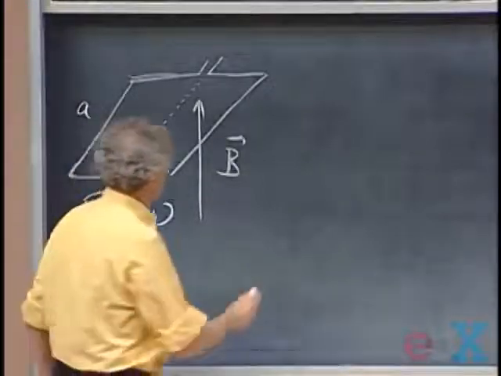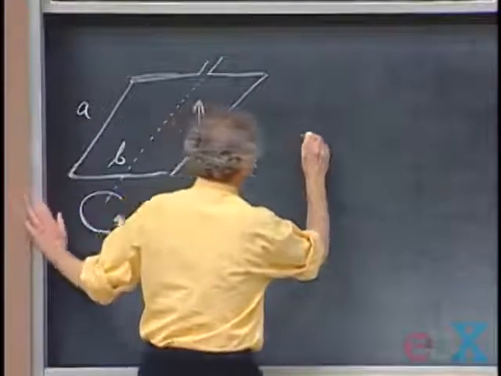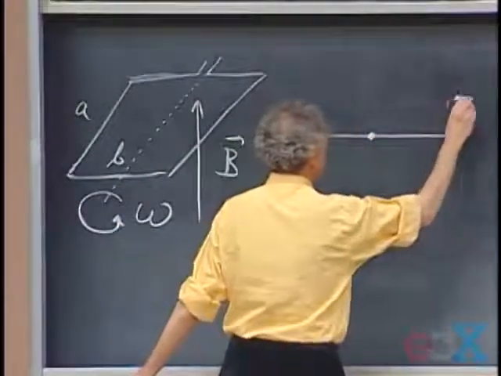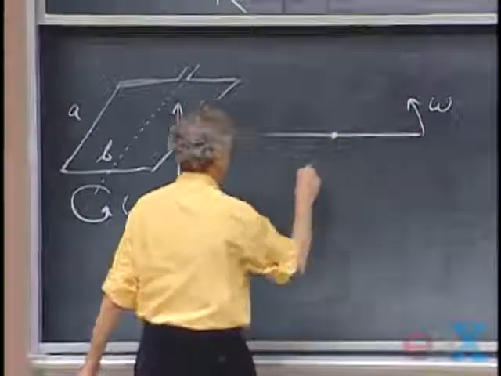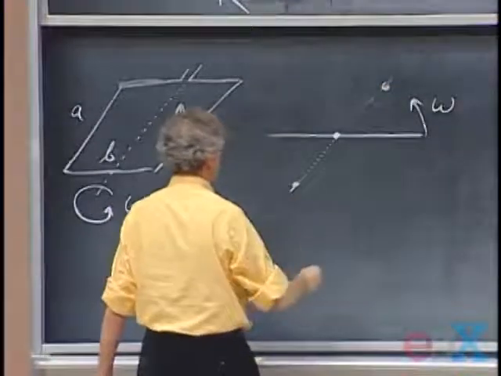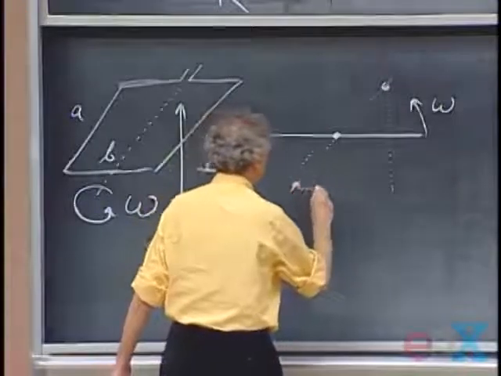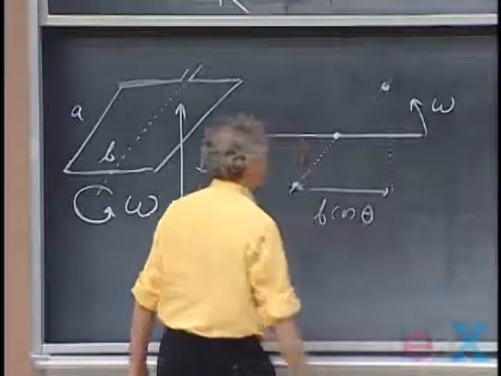So if you look at it from this direction, you would only see the line B here. It's rotating like this with angular velocity omega. And a little later in time, it would be here. And so this length here is B. And so this length is B cosine theta.